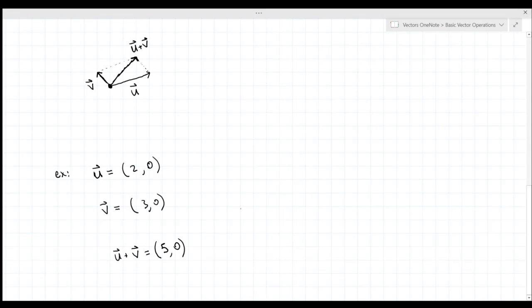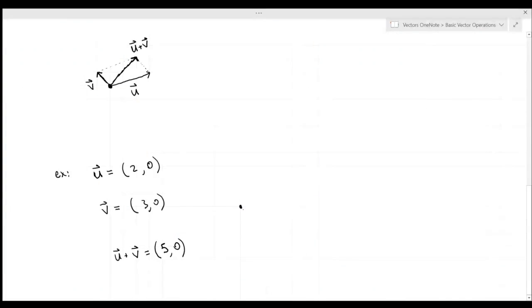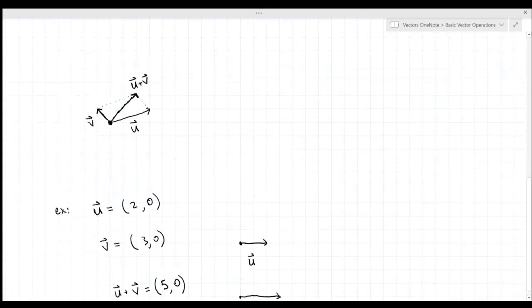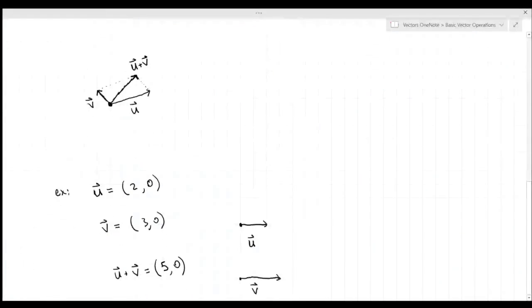Now, if I try to draw a picture of this, the picture doesn't look quite as nice this time, in the sense that when you look at the vectors u and v, notice that they are parallel to each other. So they're not going to form any sort of triangle or parallelogram.